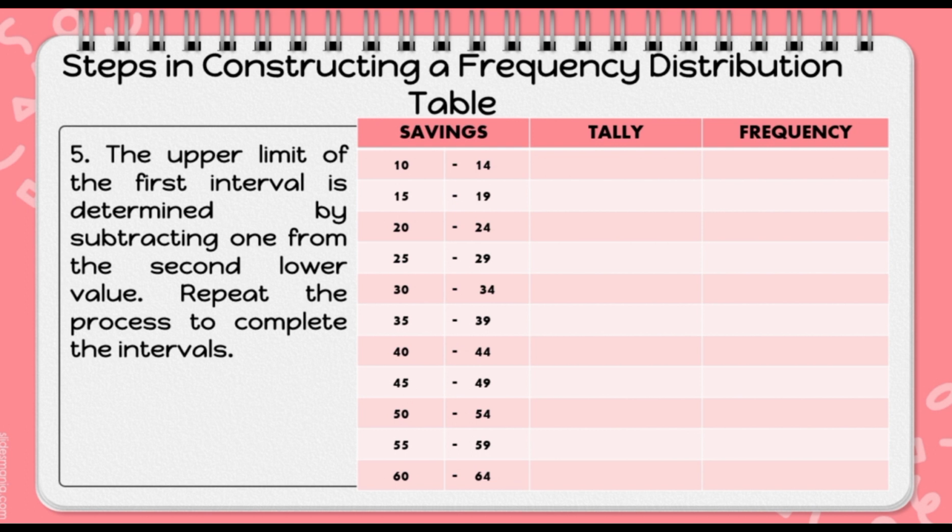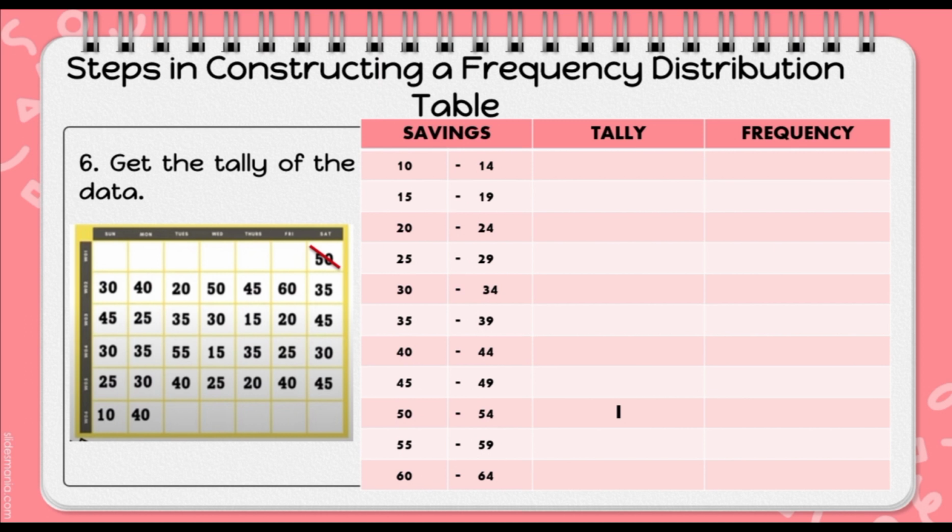That is why we have 19 in our second upper limit. 19 plus 5, we have 24. 24 plus 5, we have 29. 29 plus 5, we have 34, and continue adding 5 until we reach 64. So 14, 19, 24, 29, 34 until 64. This part is what we call the upper limit. Okay, let's proceed to our next step.